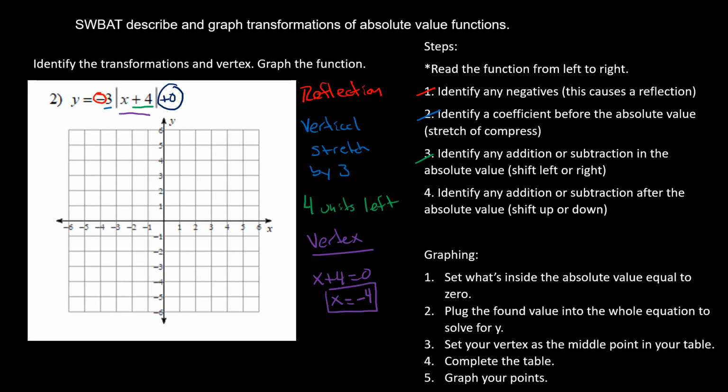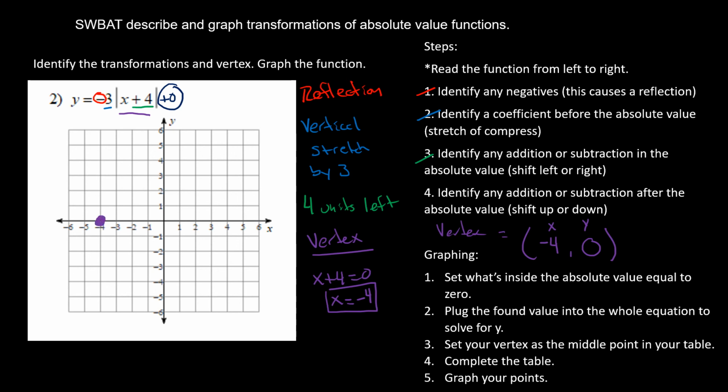So our vertex value, my x value will be negative 4, and my y value, if you take that negative 4 and plug it back into this absolute value, you will get 0, or you could identify that there is no shift up or down. It's a plus 0, so your y value will be 0. So when we graph this, we'll go to (-4, 0), and there's our vertex.